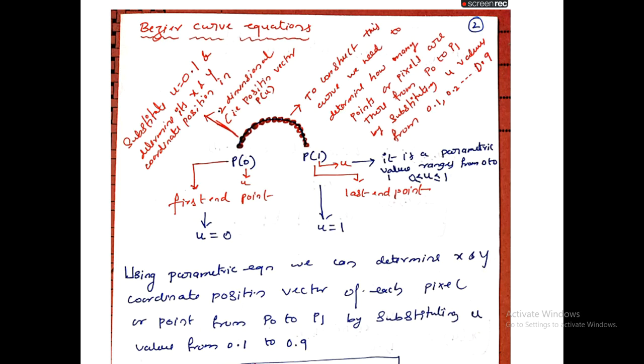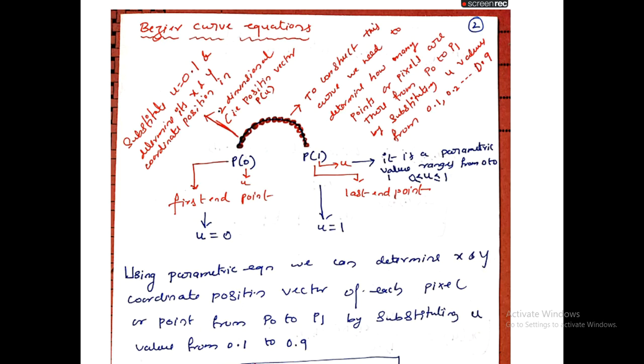If you take n minus 1 control points, you will get one more curve of a different shape. If you take n minus 2 control points, you will get one more shape. Depending upon the number of control points, you will get various shapes and types of curve. But your u value has to range from 0 to 1 only.